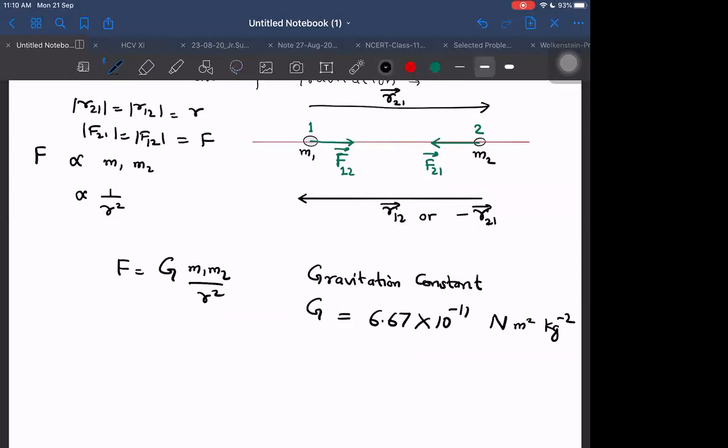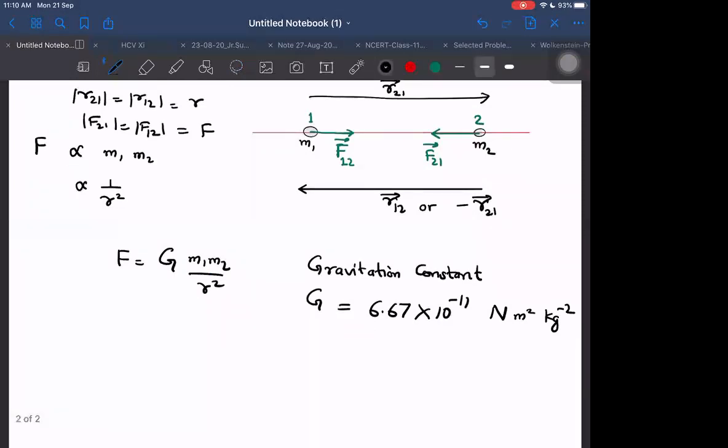Now we want to write in vector form also, because direction matters. Let us say I want to find F12, force on 1 due to 2. Magnitude wise, it is this same F which we have found. But now, in which direction is it acting? It will be along R21 cap.